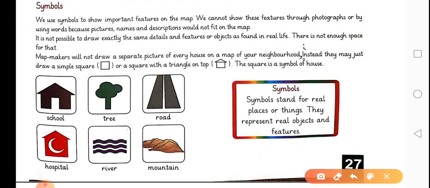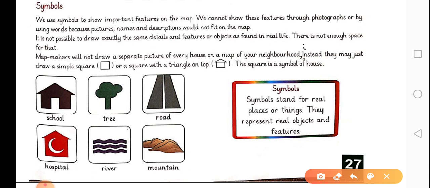For example, you are making a map of your town or your city or even a map of your school. It will be very difficult for you to draw every classroom and everything in that map, because you will not have that much space available. Similarly, it will get very difficult to write the name of everything. So we have an easier way to do it.